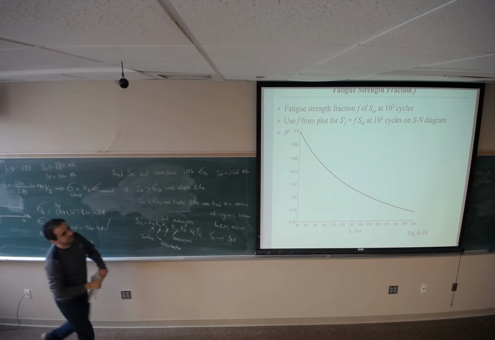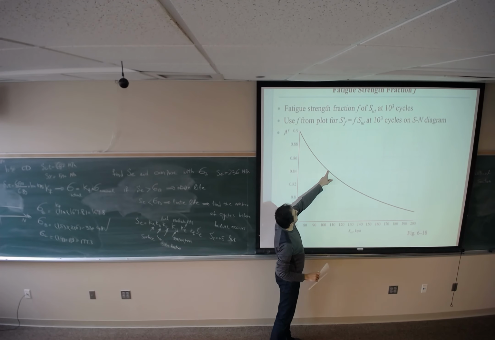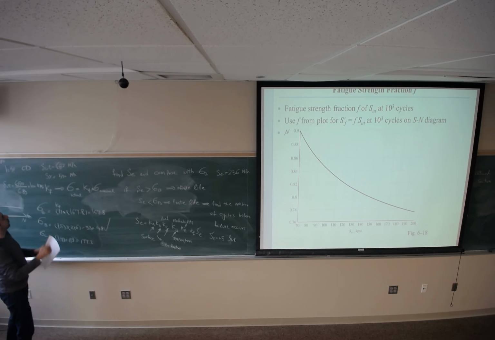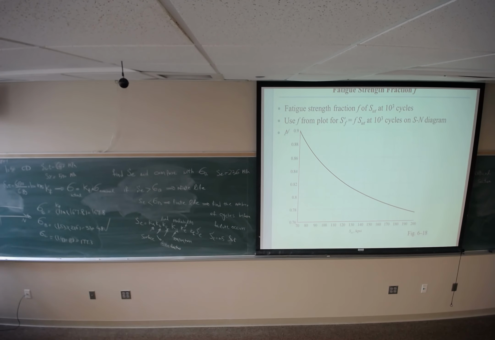It's slightly greater than 0.84, so I use 0.844. So 0.844 times S ultimate, which is 690, I will get... Please, someone calculate this for me.